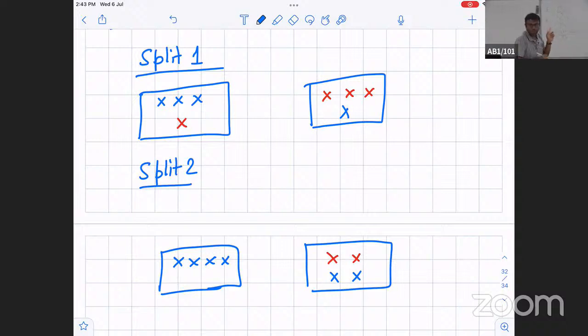Blue, right? This is going to be labeled as blue and this is going to be labeled as red, correct? So what is the total error I am making on this?